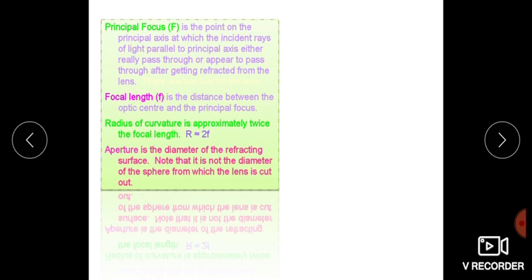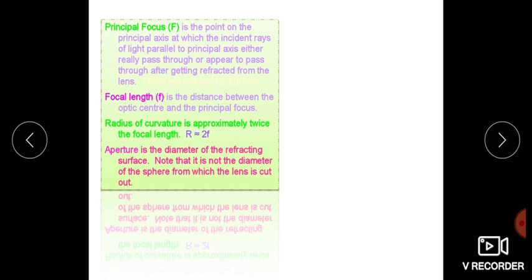What is exactly the definition of the principal focus? It is the point on the principal axis at which incident rays of light parallel to the principal axis either really pass through or appear to pass through after getting refracted from the lens.